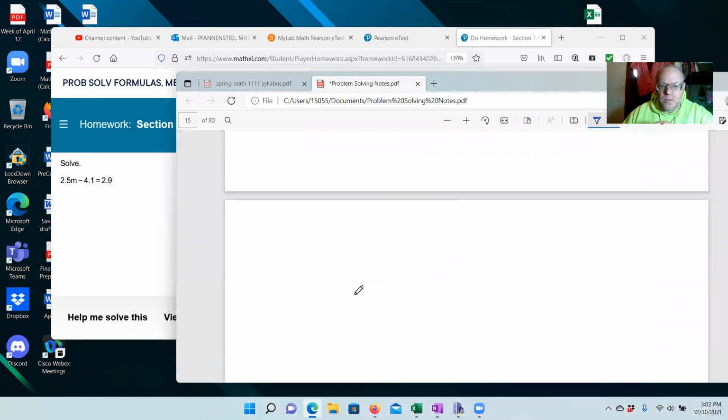All right, so these are two-step equations. That's what they call these two-step equations. And the most important thing you can do is just remember your order of operations. Now, it's parentheses, exponents, PEMDAS, and then addition and subtraction.